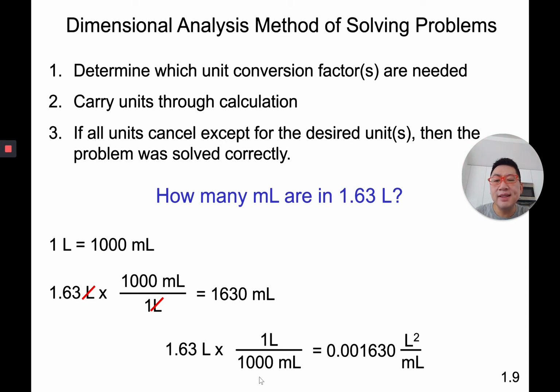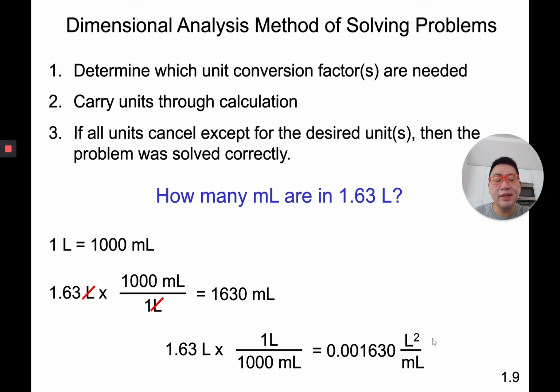So if I did that, remember, if A equals B, B divided by A is 1, or A divided by B is 1. So 1 liter over 1,000 milliliters, this is 1. But doing it this way, notice liters and liters are on the top, meaning it'll be liters squared. Milliliters in the denominator. So nothing cancels out.